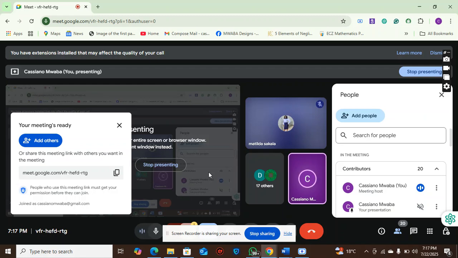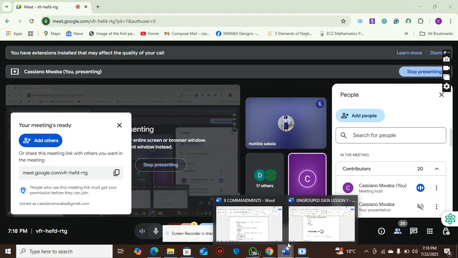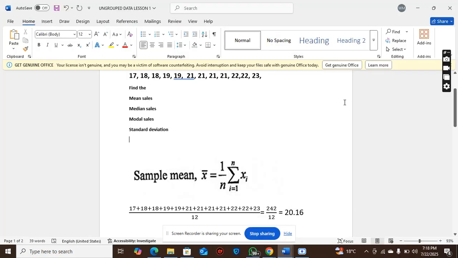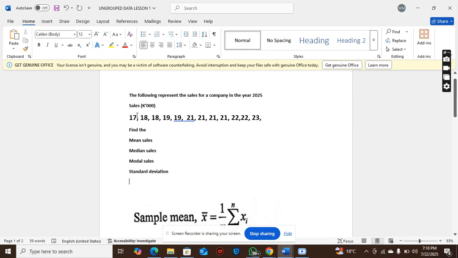Colleagues, the median basically is just the middle number in your data set. So to get your median, if you've got a small amount of numbers like this, you just want to find the number which is in the middle.